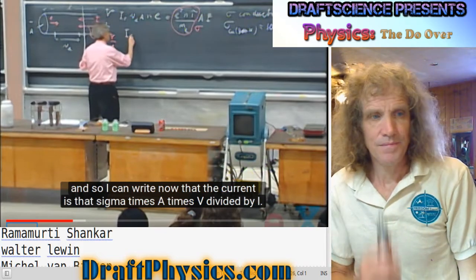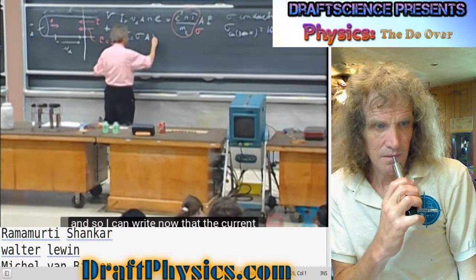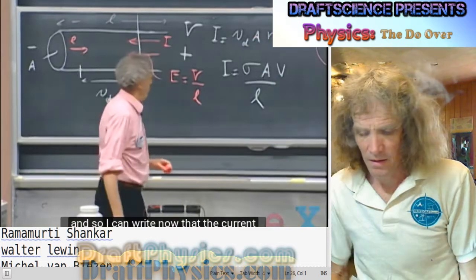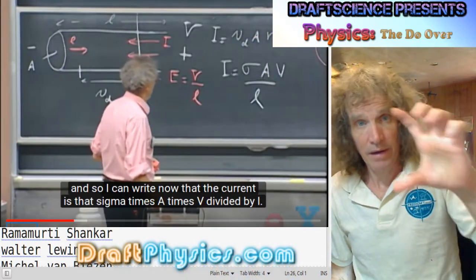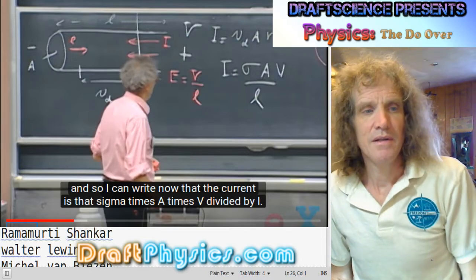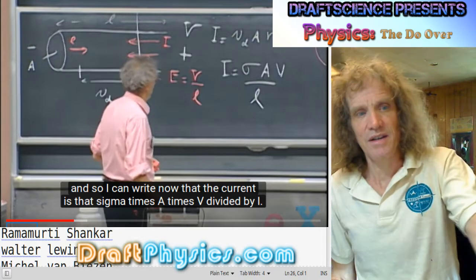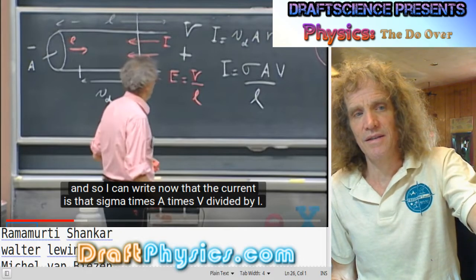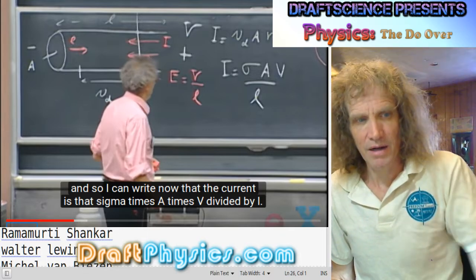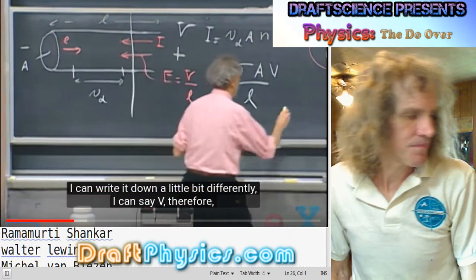That the current is sigma times A times V divided by L. So length, area, so obviously that's your total amount of substance, essentially. And the rest of it's just a constant. The voltage isn't a constant, but it's, you know, a known variable kind of thing when you're trying to do current.